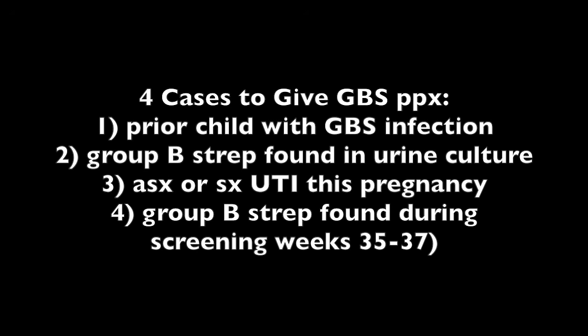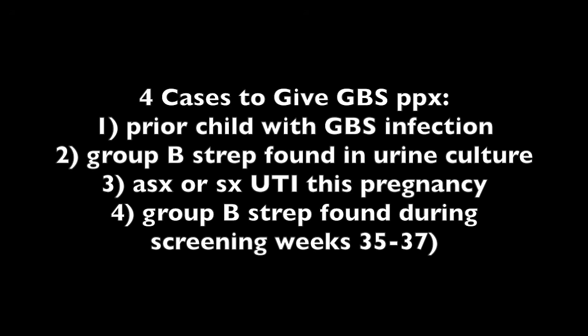The scenarios where you give prophylactic ampicillin or penicillin is if the mom has had a prior pregnancy where a kid has had infection by group B strep, or during this pregnancy she was found to have group B in her urine culture, or if during this pregnancy she's had a UTI, whether it's symptomatic or asymptomatic, then you're going to give prophylaxis for group B strep no matter what.